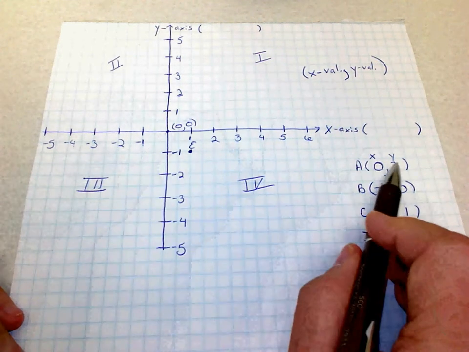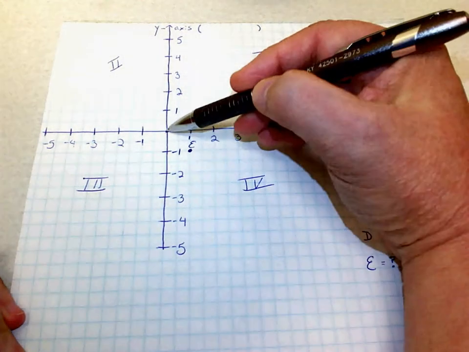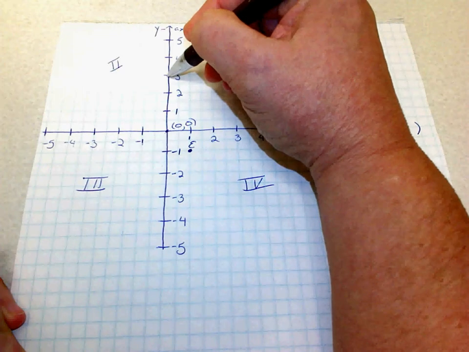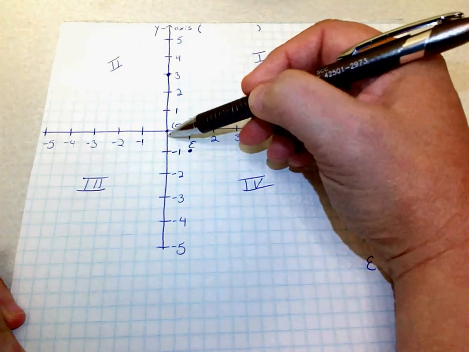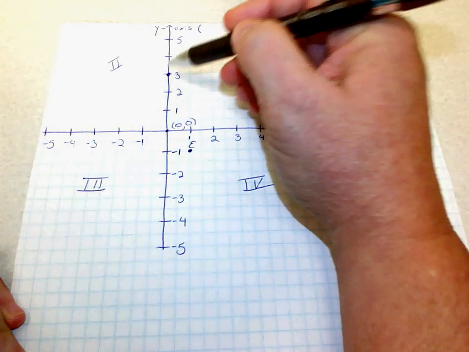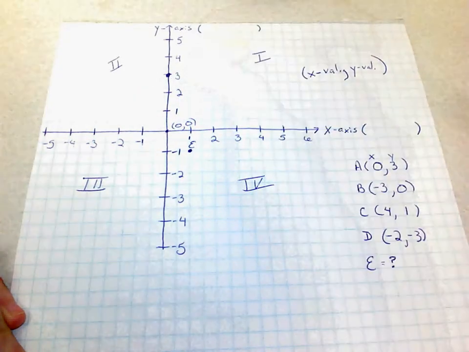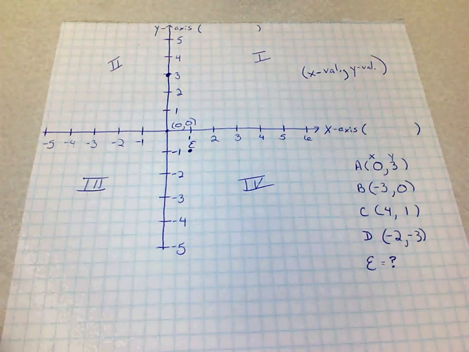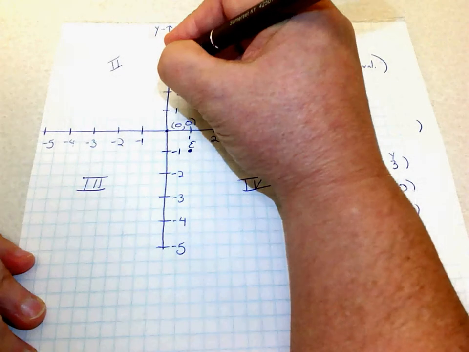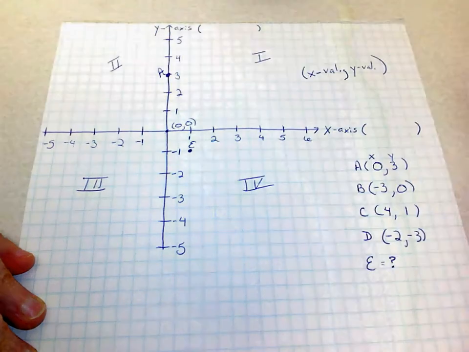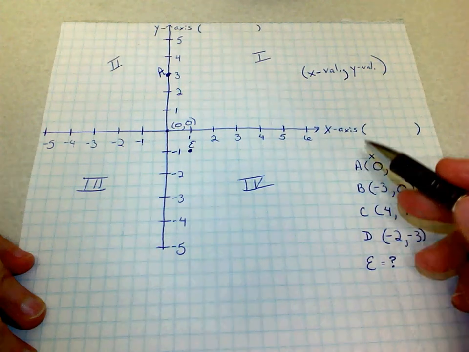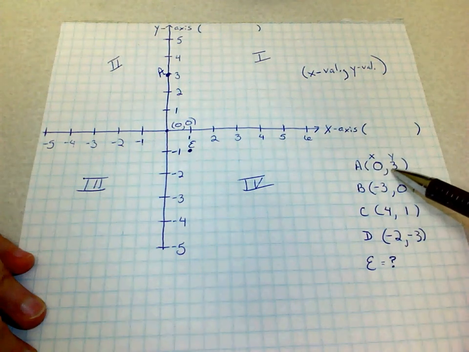And then our y value from here is a +3, so we go up 3, and where the line x equals 0 and y equals 3 crosses, that's where our point goes. And since we're going to graph more than one point, we need to label it. That point is called A, so I put an A by the point that represents (0, 3).